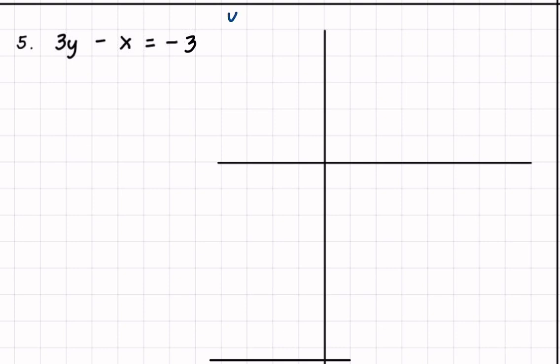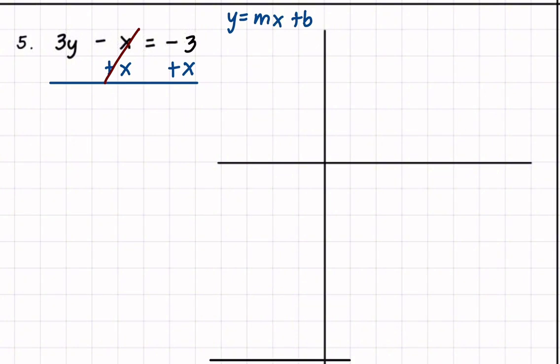Again, class, we have to transform this equation into y is equal to mx plus b. So since we have 3y minus x is equal to negative 3, we have to eliminate negative x. So what's the opposite of negative x? Very good, positive x. So we're going to add plus x on the left and right sides of the equation.